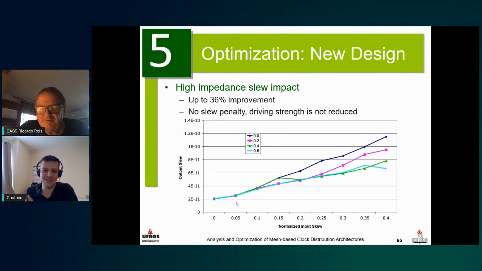Another question by Almas: how much is voltage jitter? Okay, so jitter, as I define it in this work, was the variation of the arrival time for one specific clock sink over time.